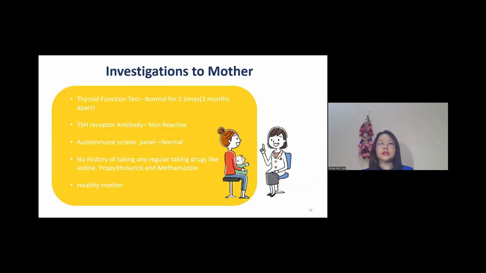We also investigated the mother, because maternal conditions can affect the fetus, so we did a thyroid function test on the mother. It was normal on 2 occasions, 3 months apart. The TSH receptor antibody was non-reactive, and the autoimmune screen panel for the mother was normal. The mother had no history of regularly taking drugs like anti-thyroid drugs and was more or less a healthy mother.